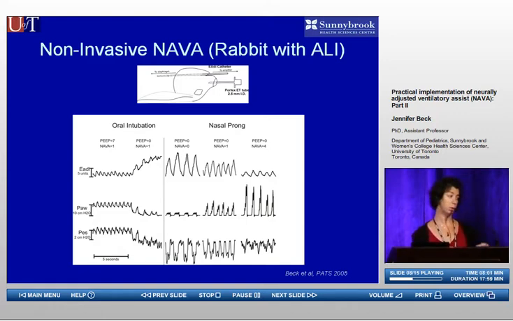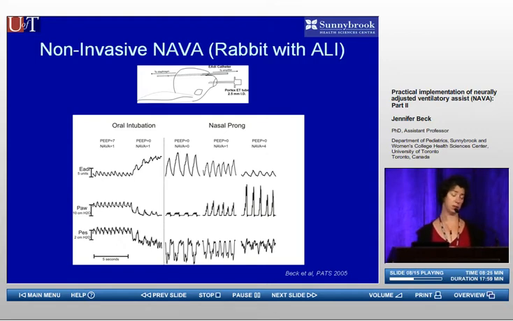I'm going to switch a little bit to the animals again. We did a study where we were looking at implementing NAVA before and after extubation in an animal model of lung injury, when the animal was in severe hypoxemic respiratory failure. The only way I can explain the protocol is to take you through the different steps and show you the tracings.